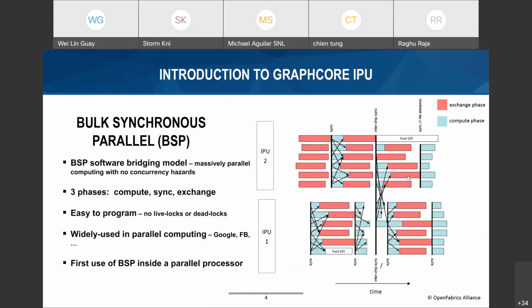To use this highly parallel processor as easily as possible, we are using a parallel model called bulk synchronous parallel. That breaks the computing down into 3 distinct phases: a compute phase, a sync phase, and an exchange phase.